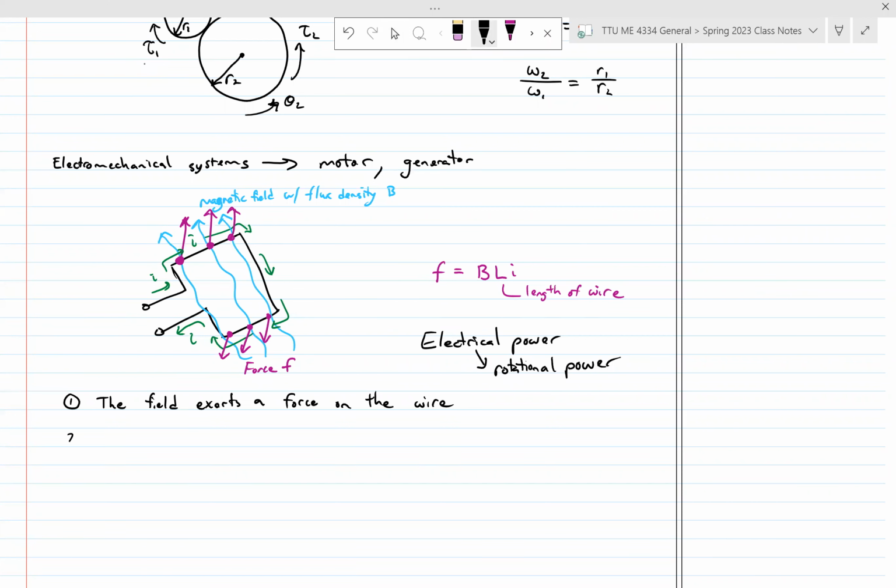The second law that we have is that the field induces a voltage in the wire, in the conductor, that opposes the voltage producing the current.